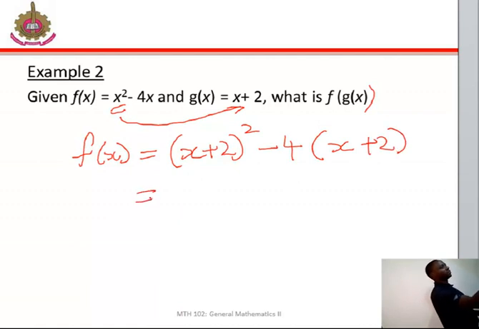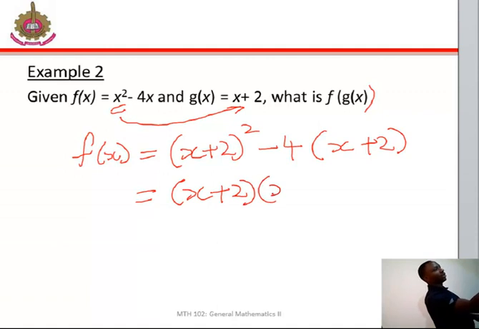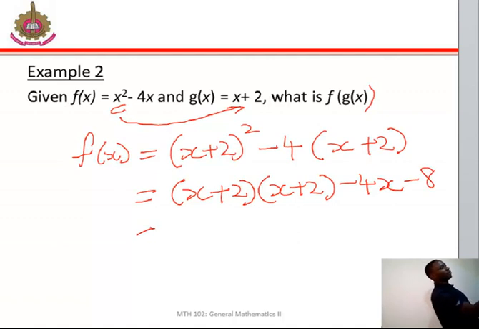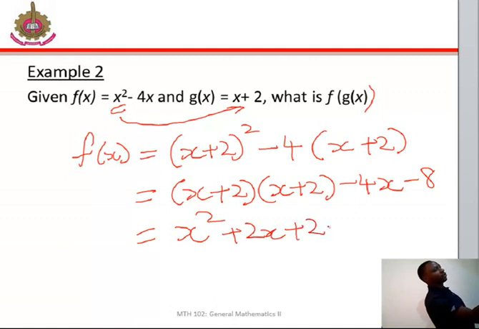Now if you open this bracket, you are going to have x plus 2, x plus 2, minus 4x minus 8, which is going to give you x squared plus 2x plus 2x plus 4 minus 4x minus 8.